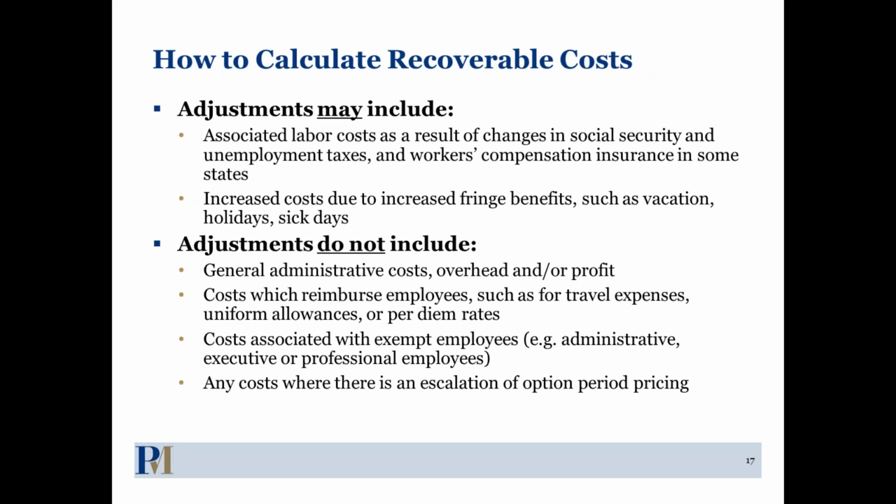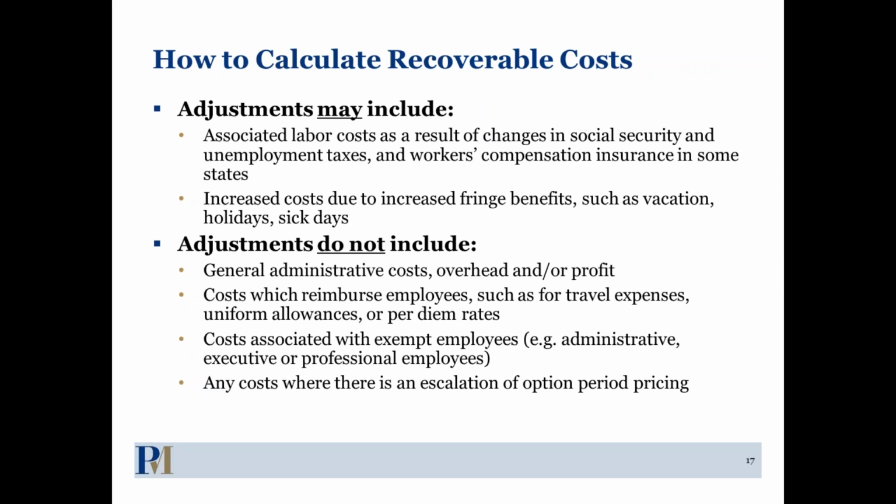Your adjustment request generally cannot include G&A overhead or profit, so general administrative costs, overhead or profit, or costs like travel expenses, uniforms, per diem. If you had a provision in a collective bargaining agreement that said, if you come back into work after you left for the day and I call you back, you'll get a minimum of 4 hours, they're not going to pay that.